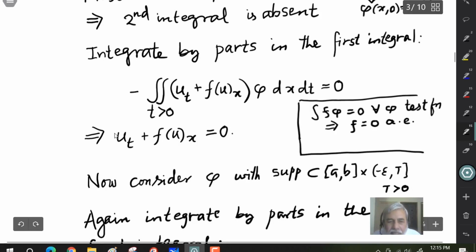But in this case it is a continuous function, and a continuous function which is 0 almost everywhere has to be 0 everywhere.